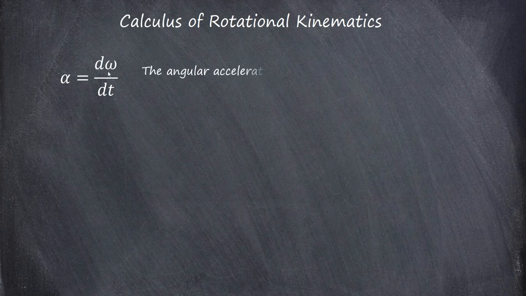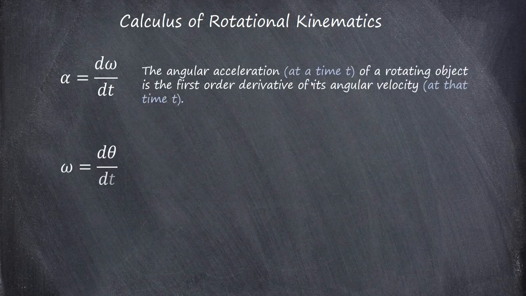So the angular acceleration at the time t of a rotating object is the first order derivative of its angular velocity at that time t. And if we do the same process we did with the graph, we can create another graph, position versus time graph, and the slope of that position versus time graph is the angular velocity.